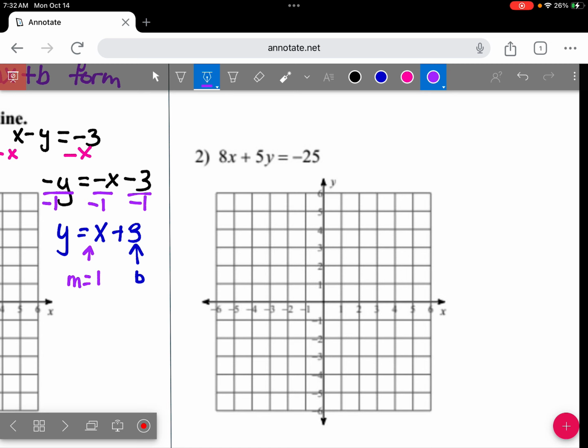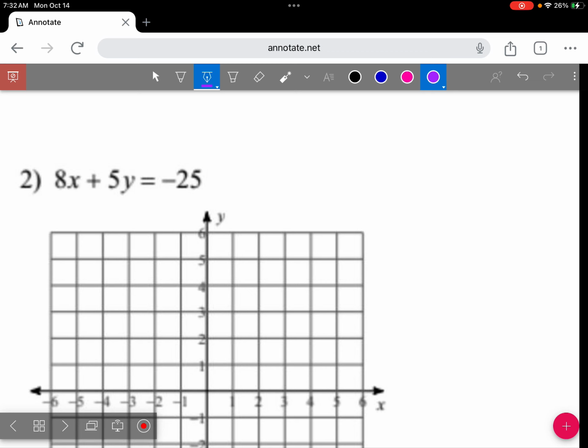We can do that same thing over here. Absolutely valid. What would we do here to be able to graph this one, number 2? What could we do for this one?